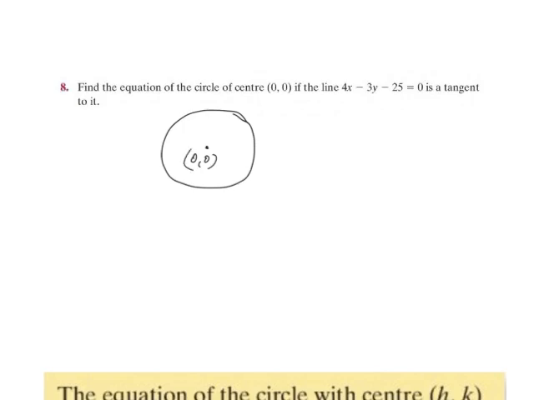It's called a tangent because it touches the circle once. Okay, so this is our line 4x minus 3y minus 25 equals 0.